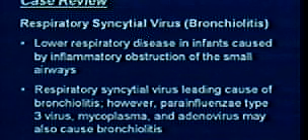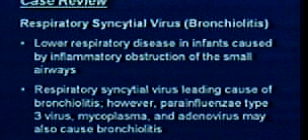If we do our case review, looking at the differential diagnosis, we know that bronchiolitis is really an inflammatory obstruction of the small airways, and that RSV, or respiratory syncytial virus, is the leading cause of bronchiolitis. However, it can also be caused by parainfluenza, mycoplasma, adenovirus.